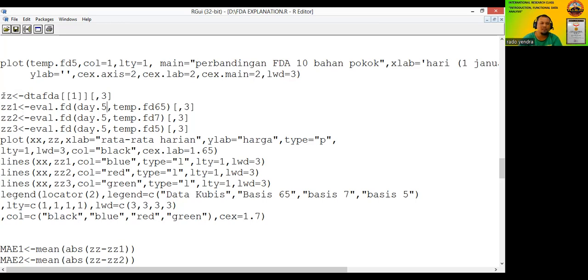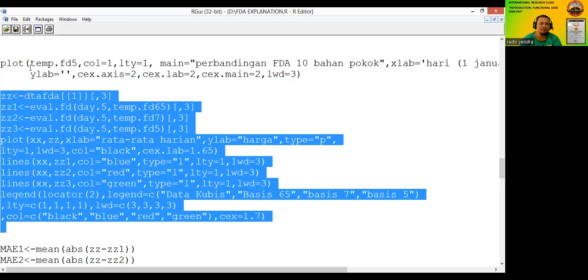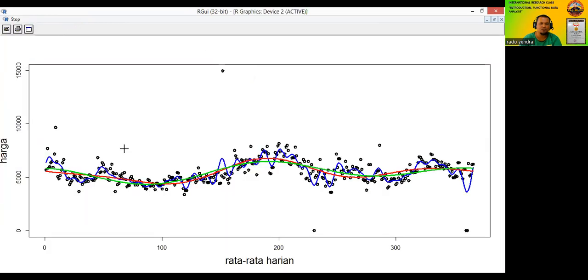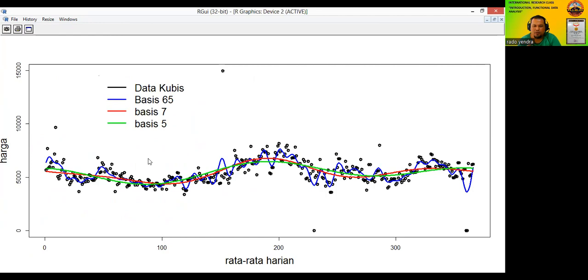So we run our program and check here. The black dots are the real daily average price for the potato, and the blue one is the daily average price from the Fourier series function with the 65 bases.